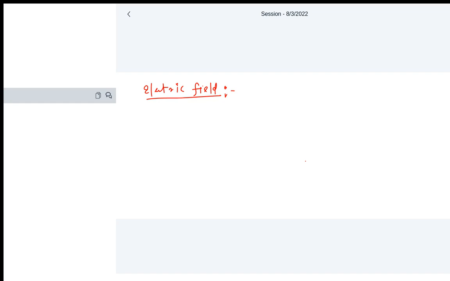Let us consider several point charges at a particular location. Several point charges, that is Q1, Q2, and Qn, at distances R1, R2, Rn.